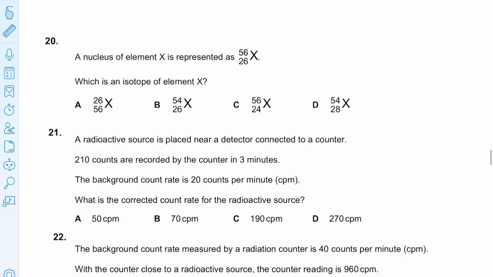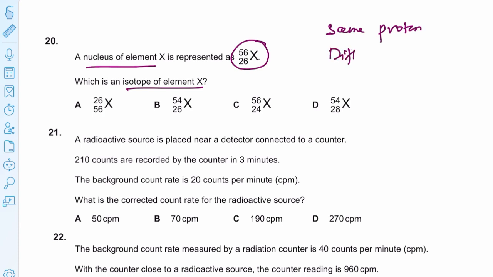Question number 20 is an easy question. A nucleus of an element X is represented by 56X26. What is an isotope of element X? What is an isotope? Isotope means same number of protons but different number of neutrons.